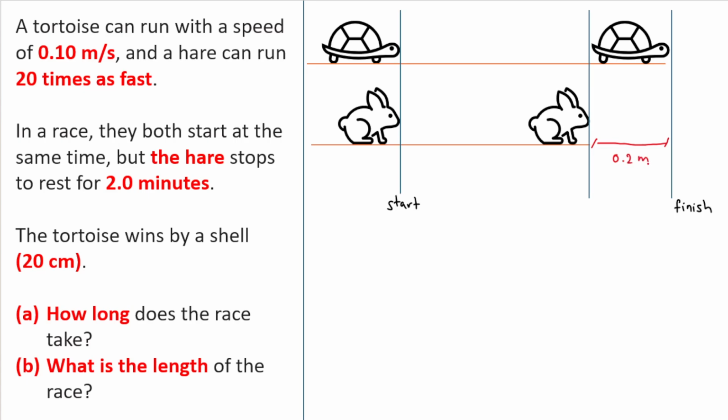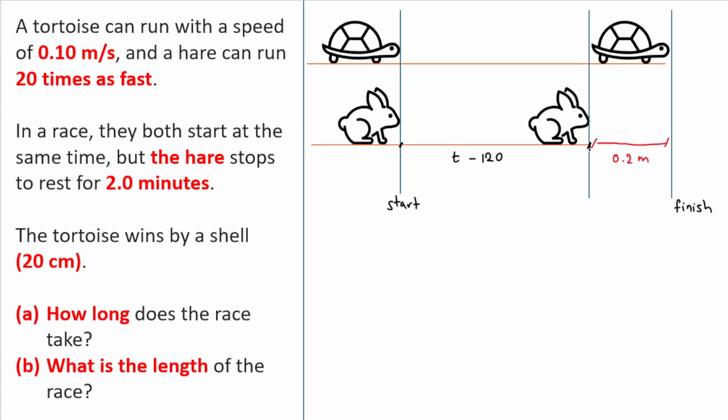Okay, that is good. And then let's see the time here. The actual time taken by this hare is t minus 2 minutes, or t minus 120 seconds, from this point until this point.